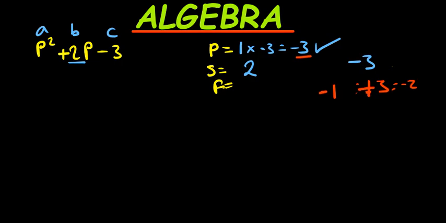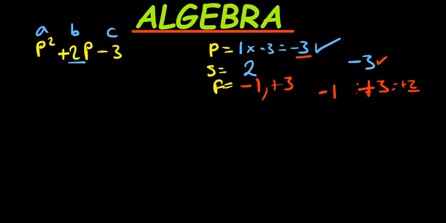Because negative 1 multiplied by 3 is negative 3, and negative 1 plus 3 is definitely positive 2. So you say 3 minus 1, and then get the sign from the bigger number, which is 3, and then our answer is 2. Therefore our factors are negative 1 and positive 3, like that.